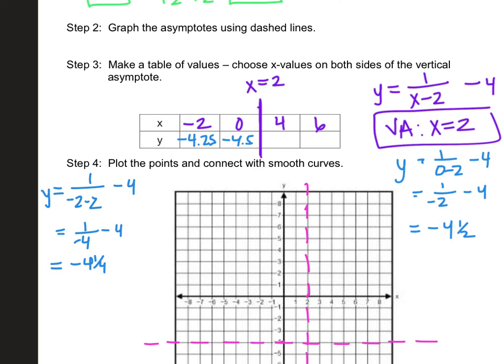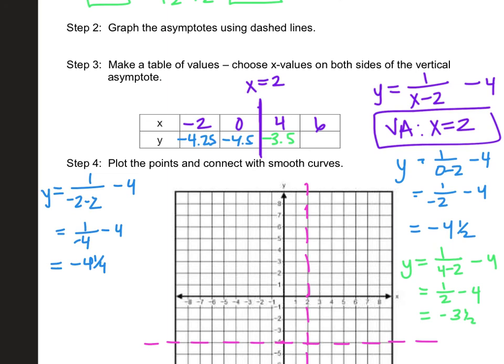Now we're going to do the same thing with the 4 and the 6. y equals 1 over, plugging in a 4 for x, 4 minus 2, minus 4. 4 minus 2 is 2, so 1/2 minus 4 is -3.5.